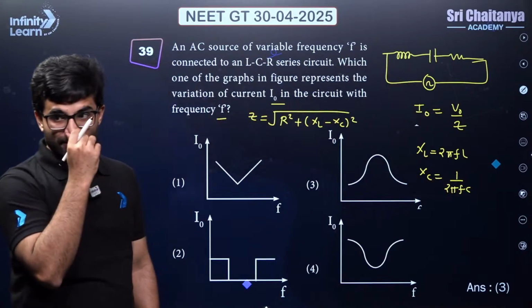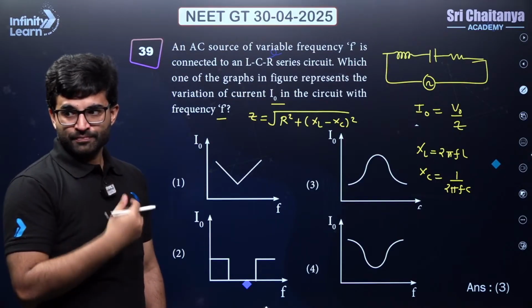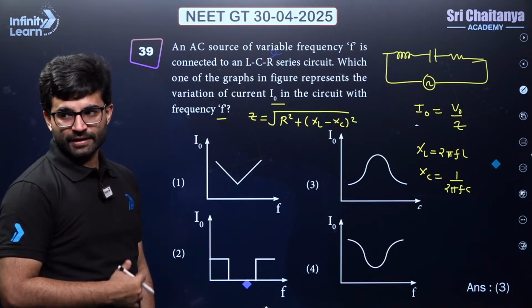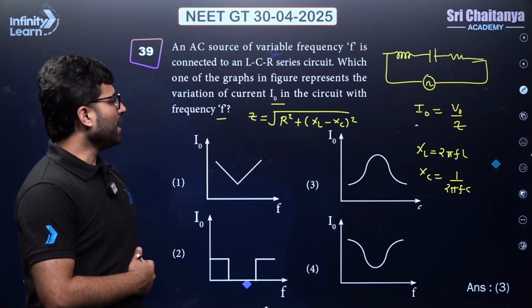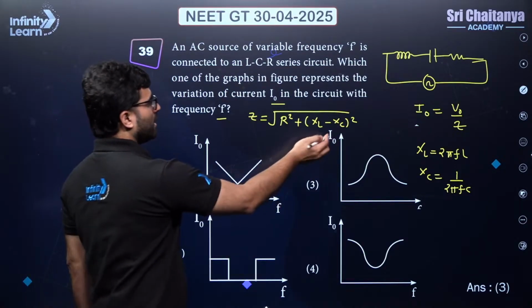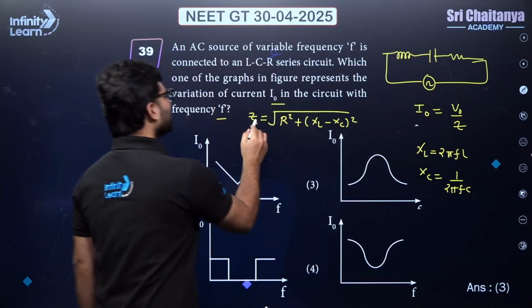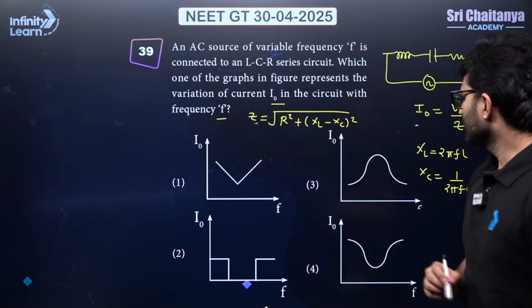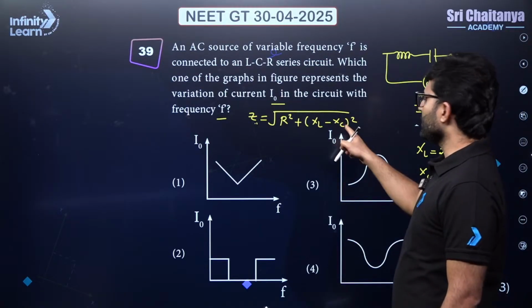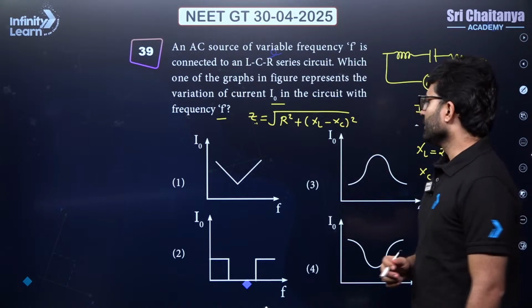So that is XL and XC with respect to frequency. XC is 1 by 2 pi f C, right? Now you see that my I is dependent on Z. When is Z minimum? Z is minimum when XL is equal to XC, and that is called resonance, right?